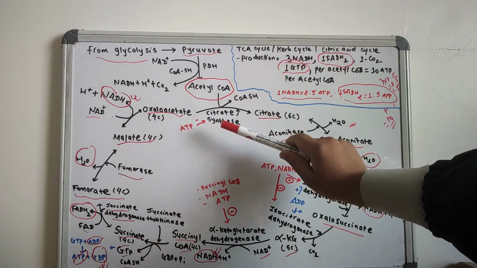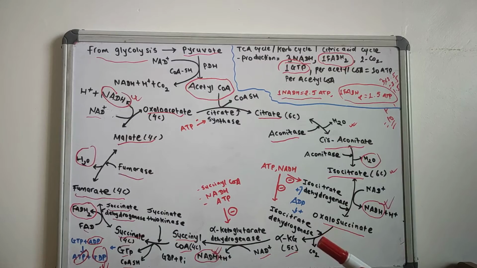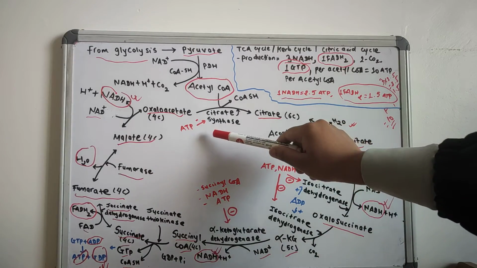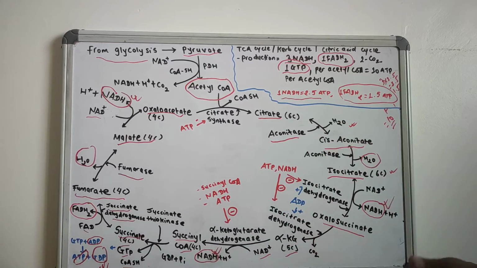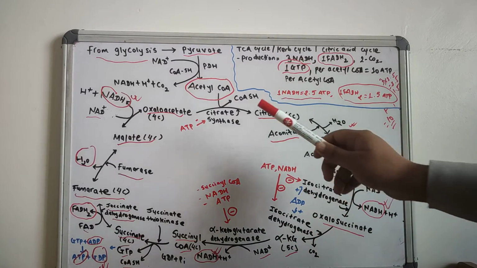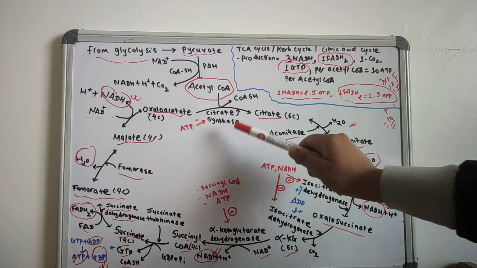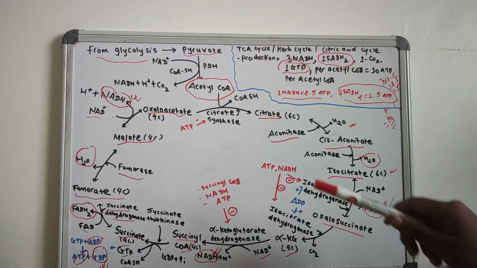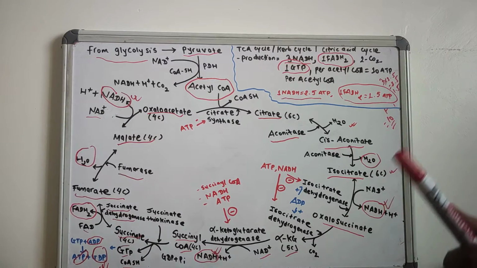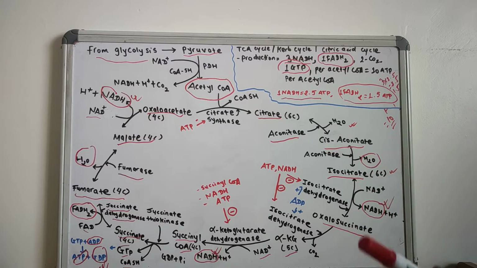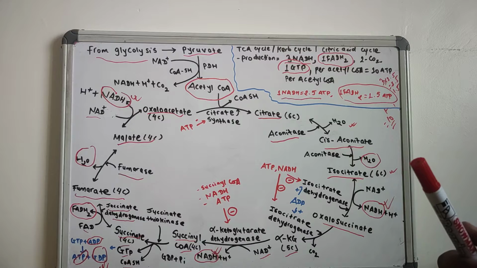ATP inhibits the action of citrate synthase. If there is more availability of ATP, it inhibits the enzyme citrate synthase, so that citrate wouldn't be produced and the Krebs cycle wouldn't commence. So if there is more availability of ATP, the Krebs cycle would be less.